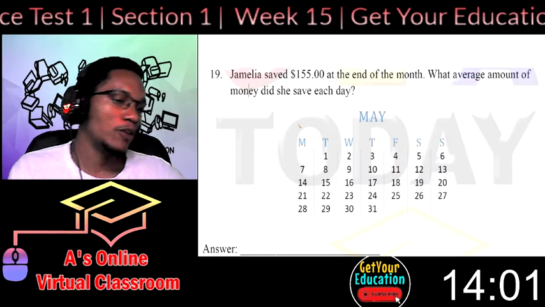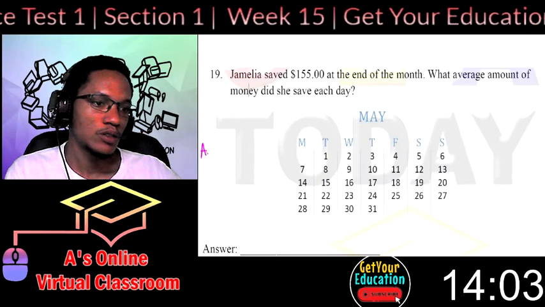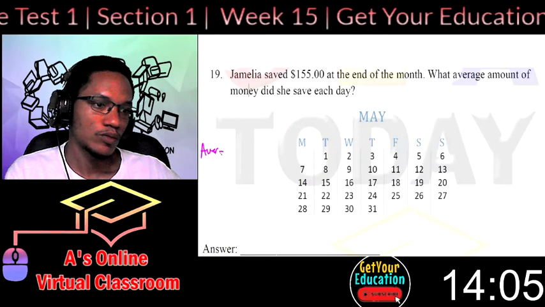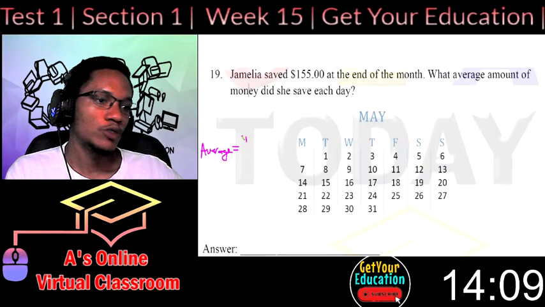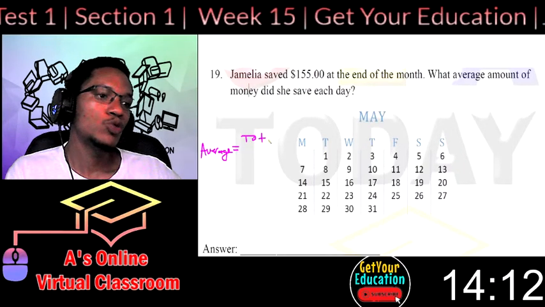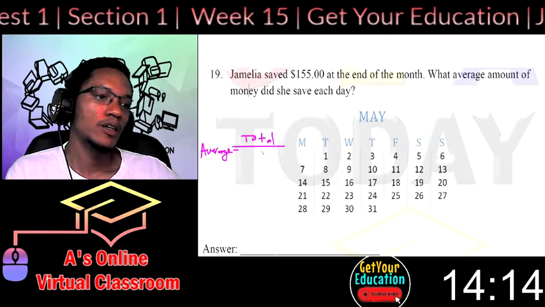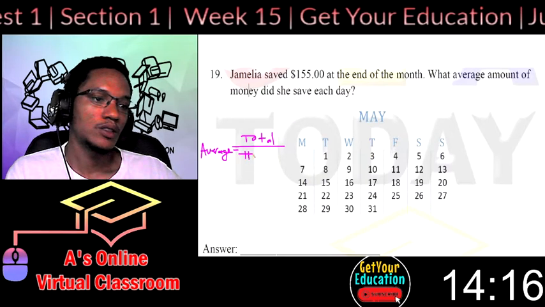So remember, average is always, we just did this, I just want to write out the formula so you can see it. The total divided by the number of items.